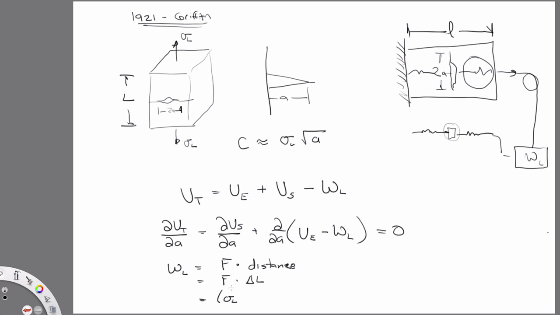And force is nothing more than the stress, the far field stress, times the area. And another way we could write change in length is to write the strain times the length. And that comes from our definition of strain in an engineering sense, which is the change in length over the length, right? So delta L is equal to strain times the length, okay?